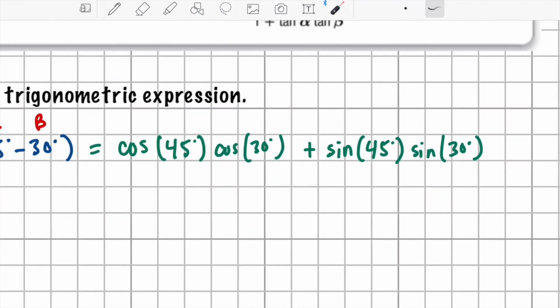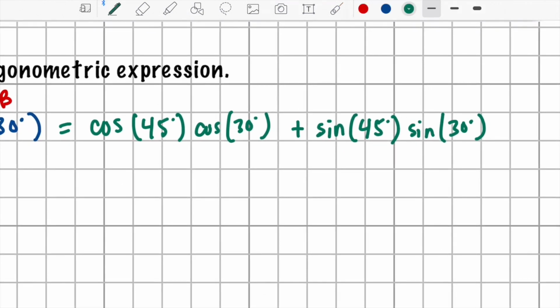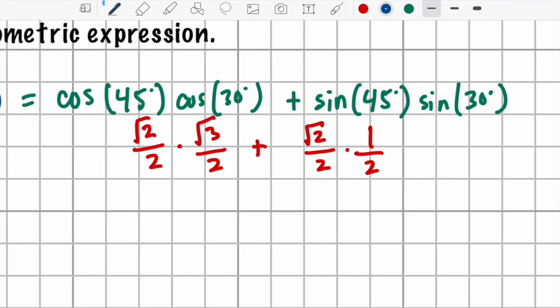Now we're going to evaluate because we know these values. The cosine of 45 degrees is square root of 2 over 2. The cosine of 30 degrees is square root of 3 over 2, plus sine of 45 degrees is square root of 2 over 2, and the sine of 30 degrees is 1 over 2. Now all we have to do is simplify.